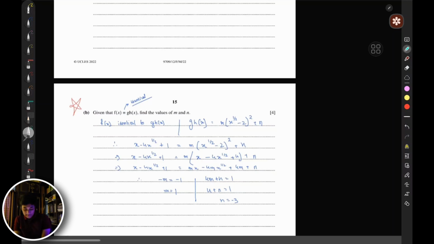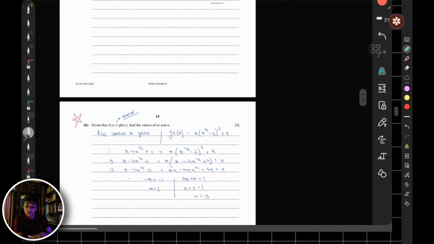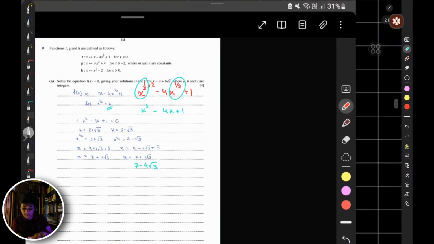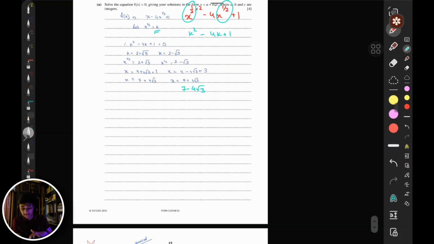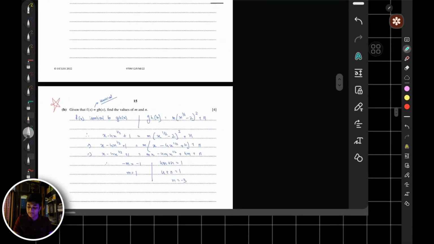Okay, so in this case, what's happening is the function f of x is exactly identical to g of h of x. So your first job is to find out g of h of x. What is your g of x function? Your g of x function is mx squared plus n.